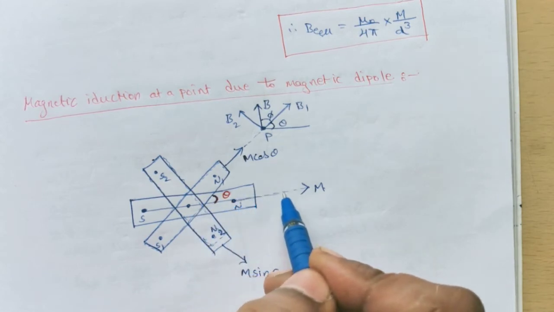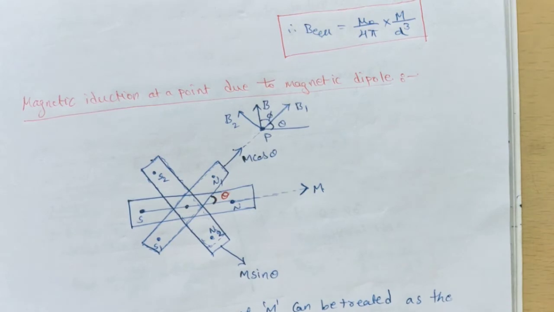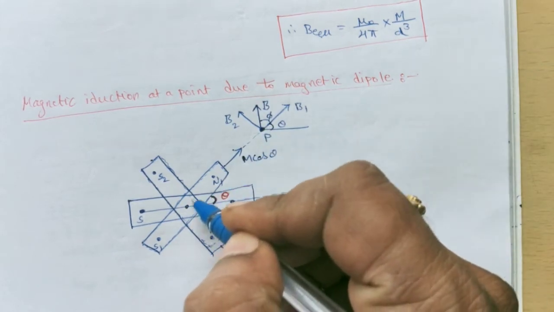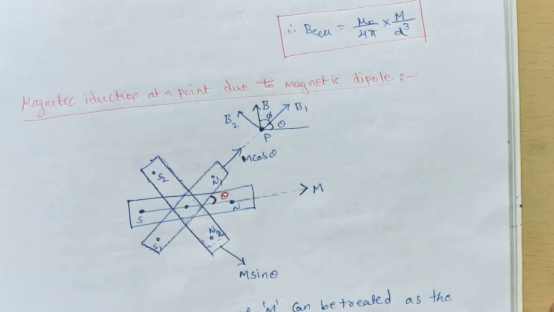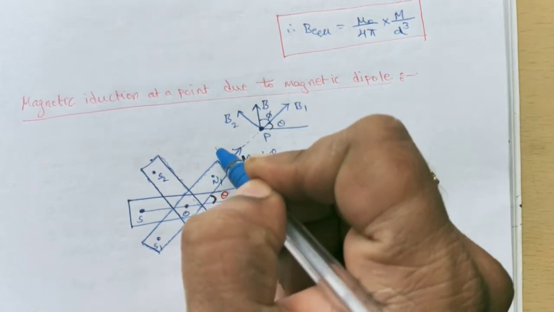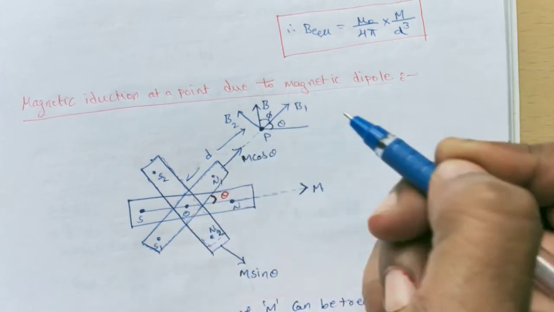Point P is maintained at a distance d from the center. Actually this is taken as the center, and this distance is taken as d like this.